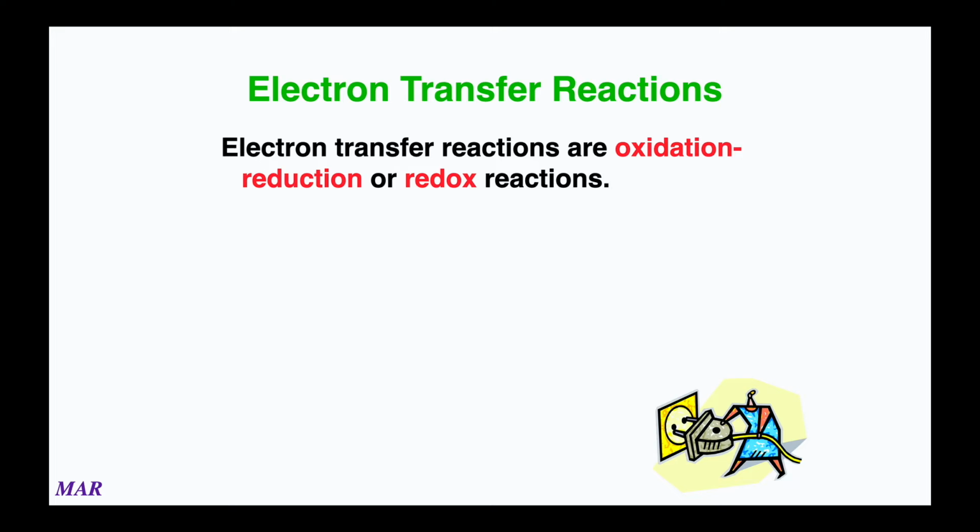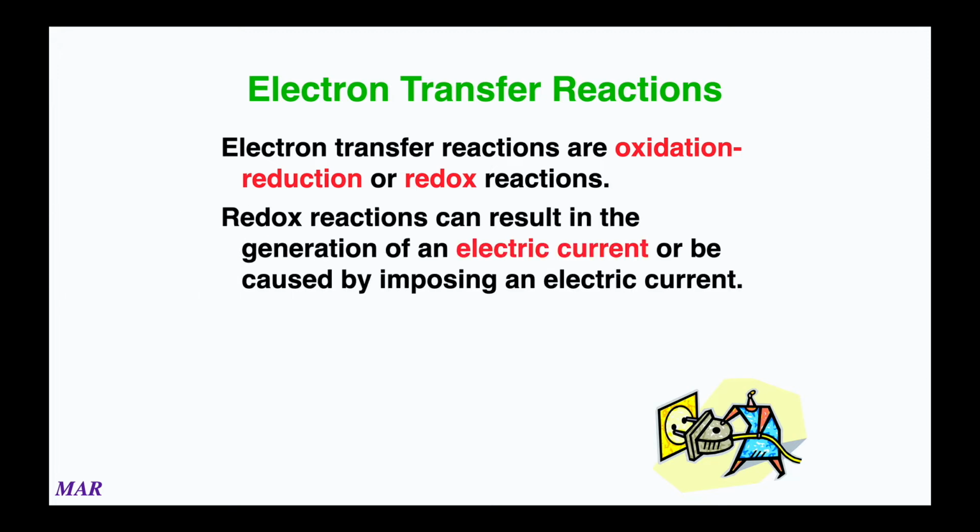In a redox reaction, you have something being reduced and something being oxidized. So that's where the redox comes from, I guess. Redox reactions are pretty cool. If you do the redox reaction correctly, you can actually create electric current. If you plug something into the wall outlet, you're getting electricity from it. You can have a chemical version that's creating that current. And that's kind of a cool thing.